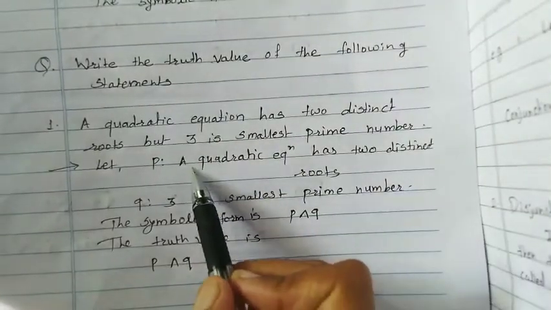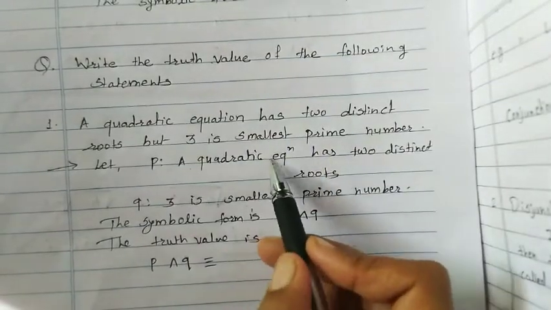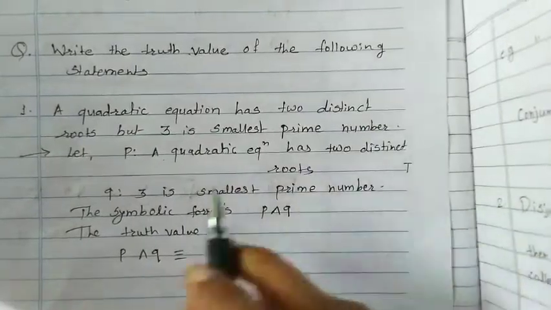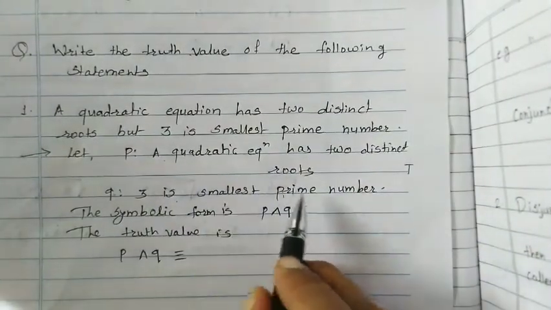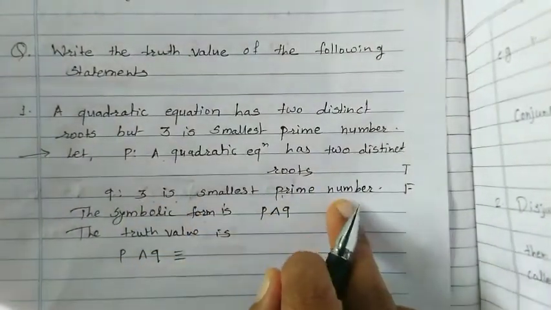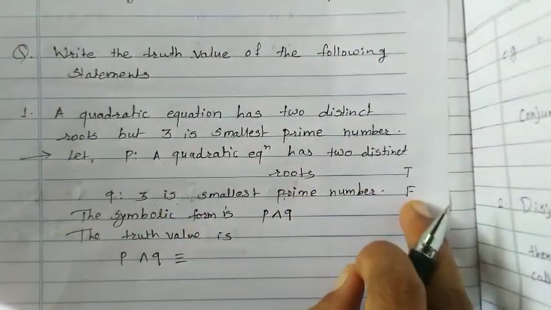Now check here. First statement P, a quadratic equation has two distinct roots. We know that every quadratic equation has two distinct roots. Therefore this statement is true. Second, 3 is the smallest prime number. We know that this is a false statement because 3 is not the smallest prime number. 2 is the smallest prime number. So the first statement is true. The second statement is false.